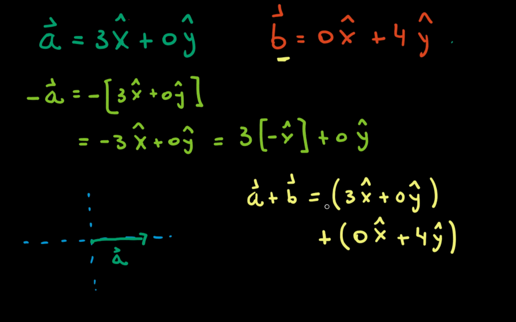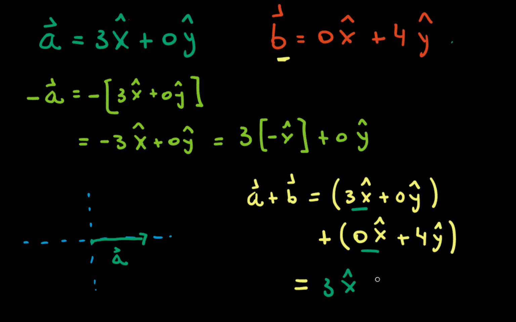And the way you add these vectors is every number or quantity that is tagged along with the x's, you sum them. So in this case, you have 3 plus 0, which is just 3 in the x direction.